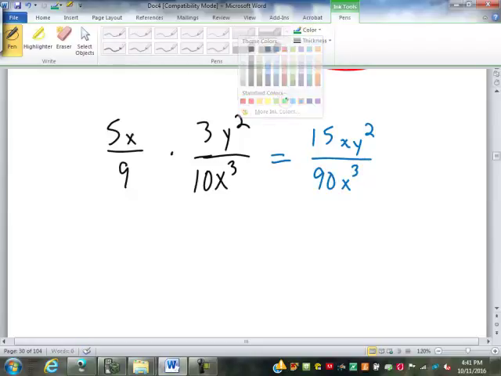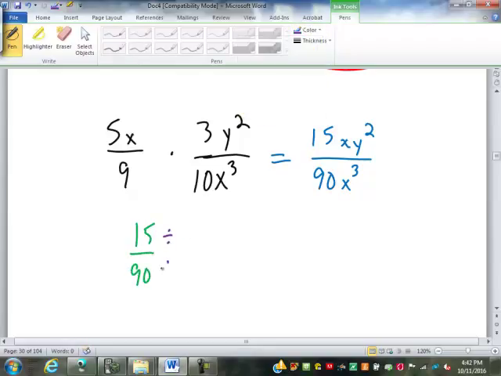So now to reduce, I have 15 over 90. What can both of those be divided by? 5 works. 15 divided by 5 is 3. 90 divided by 5 is 18. Are we done? No, they can both be divided by 3, which means 1/6. So numerically, I have 1 over 6 here.